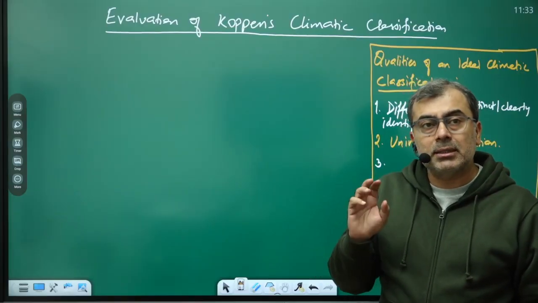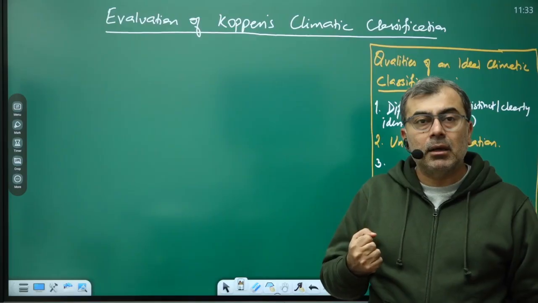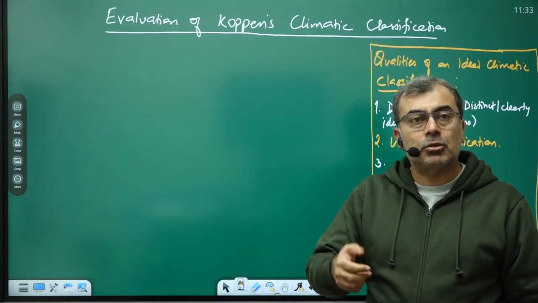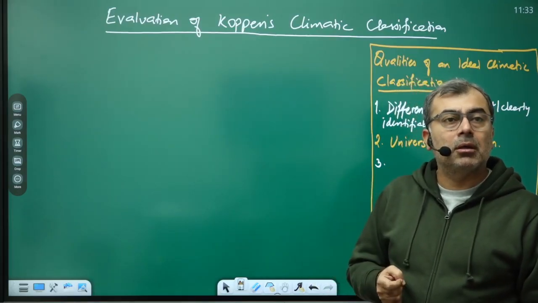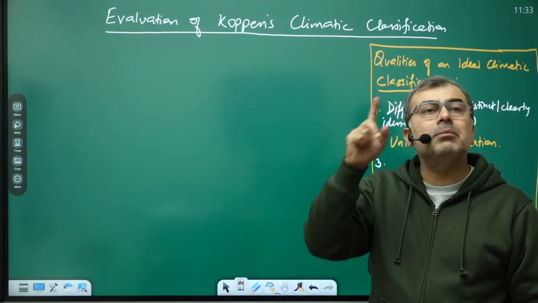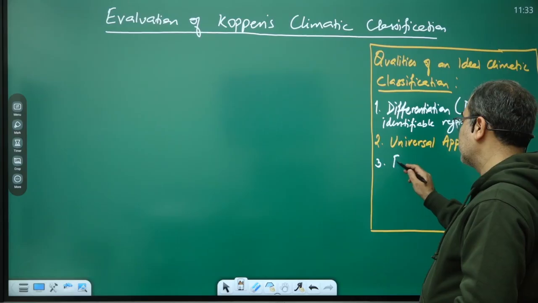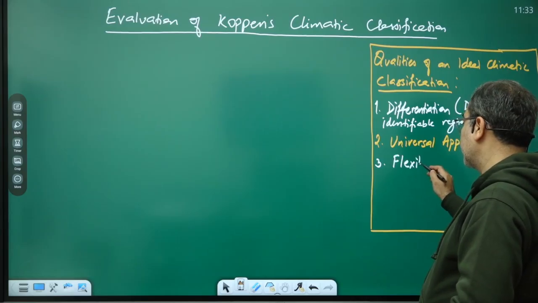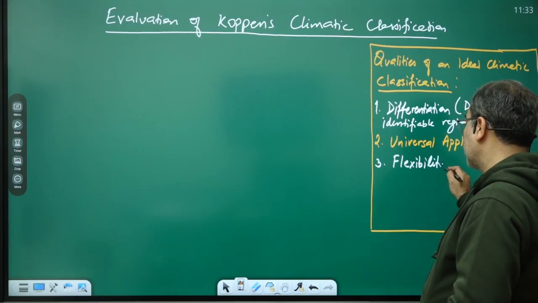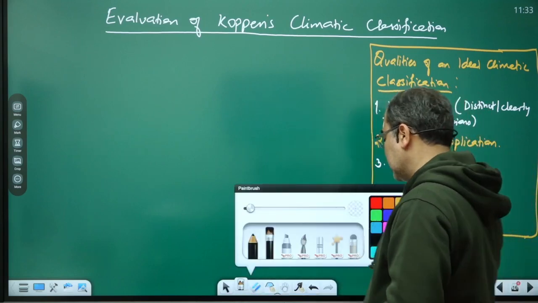Tomorrow, there is a genetic change in the megatherms, and instead of 18 they require 20. So the classification will be wrong or not? But can I change one or two variables in the classification and the scheme still remains good? So that is called flexibility. It should be flexible for incorporating any change.